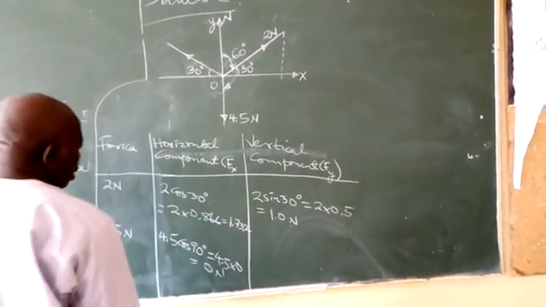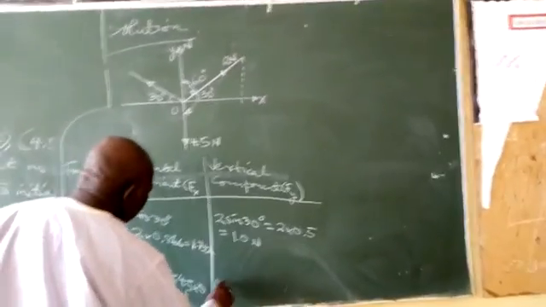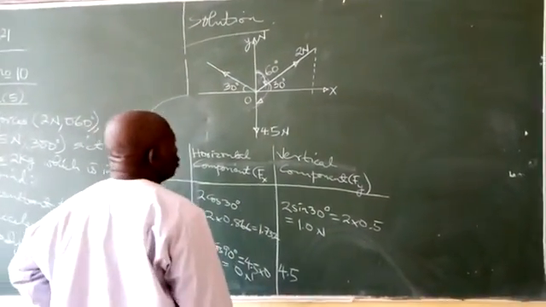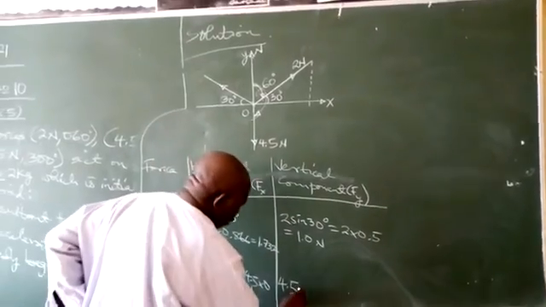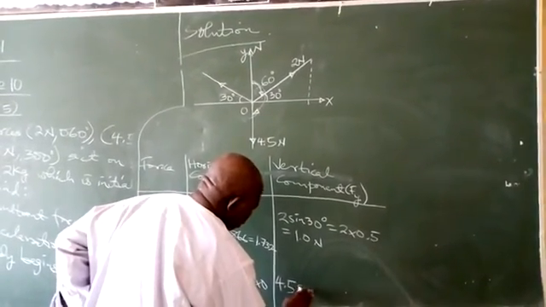Then the vertical component will be 4.5 sine 90 degree.